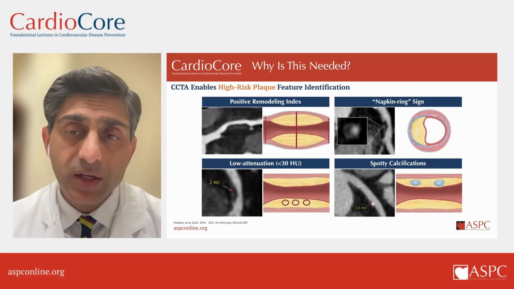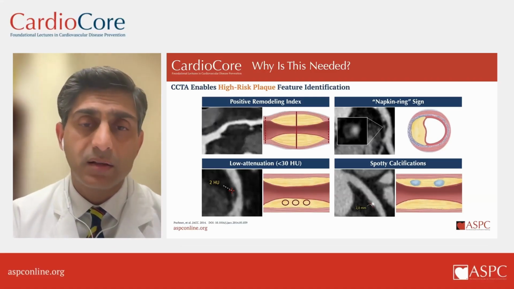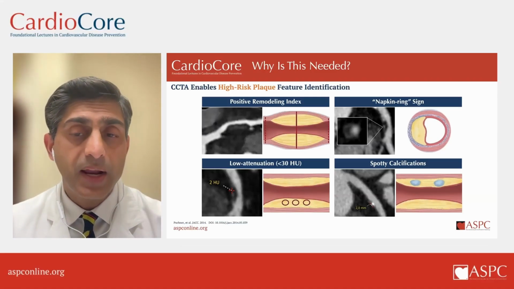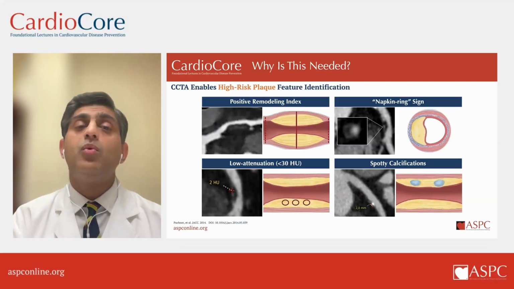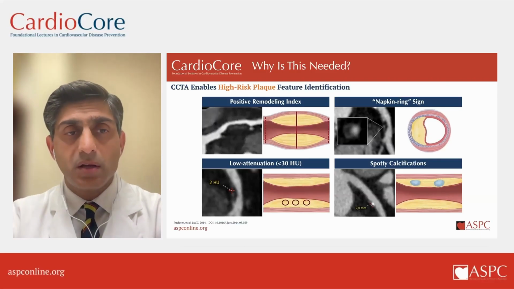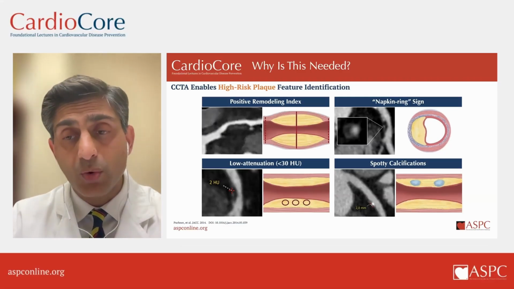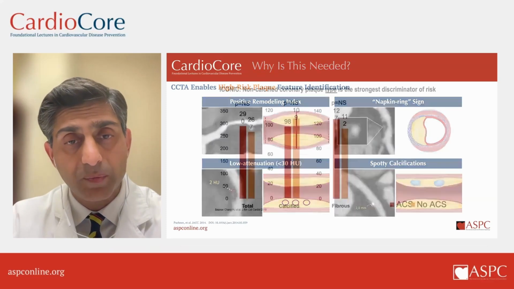On the top right, you have the napkin ring sign for obvious reasons. You can see the soft plaque, and on the bottom left, we have the low attenuation plaque, and then spotty calcifications too. These have all been shown to be identifiers of high-risk plaque. And of course, high-risk plaque means increased risk of acute coronary syndrome.